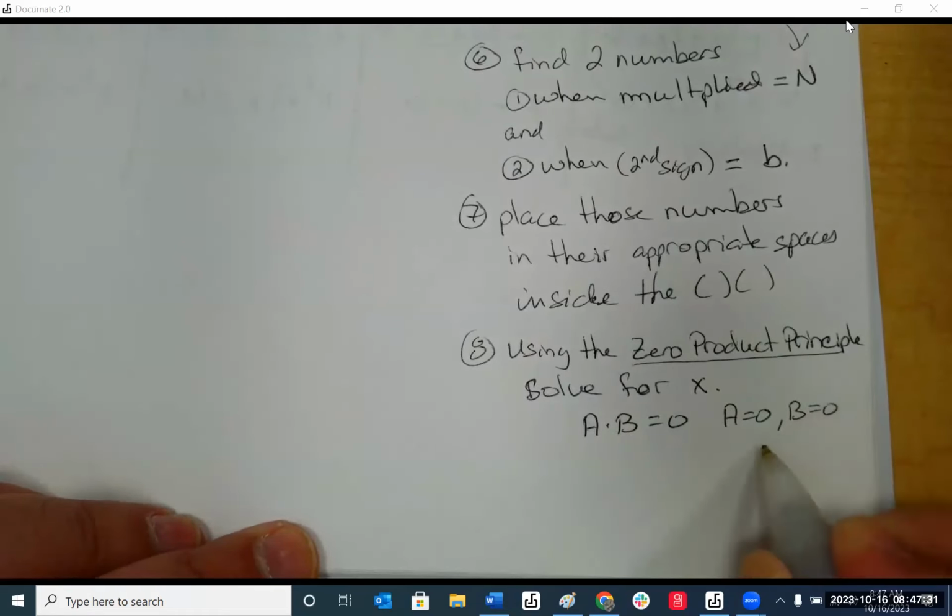Since it's equal to 0, we're looking for x. Whenever you see an equal sign with variables, you have to solve for x. The first step, a is 1, so we just have 1x times 1x. Look at the second sign. It's a minus. If it's a minus, then the signs are different. One's positive, one's negative.